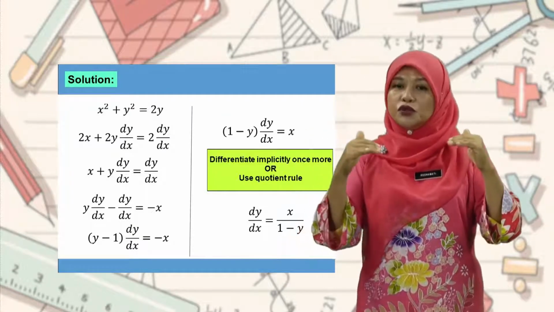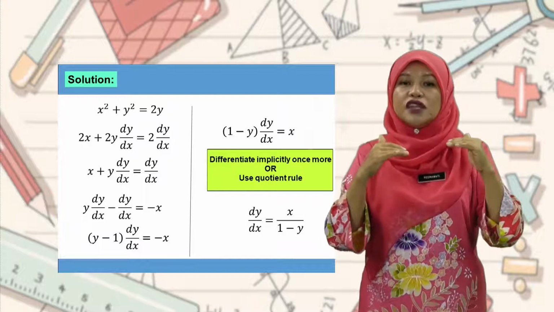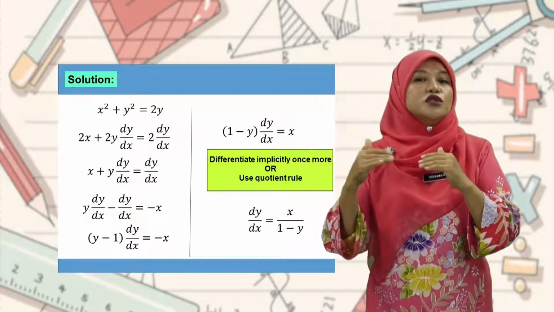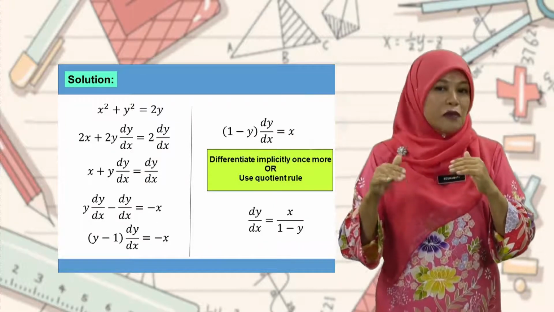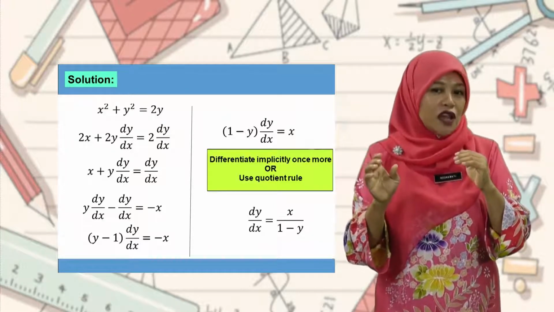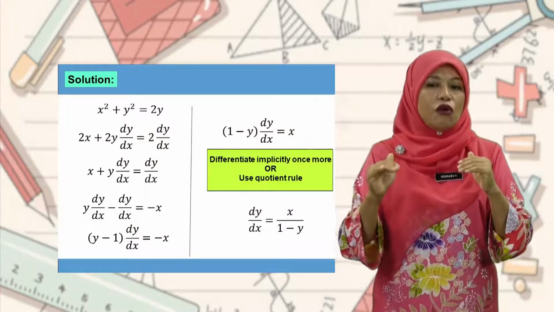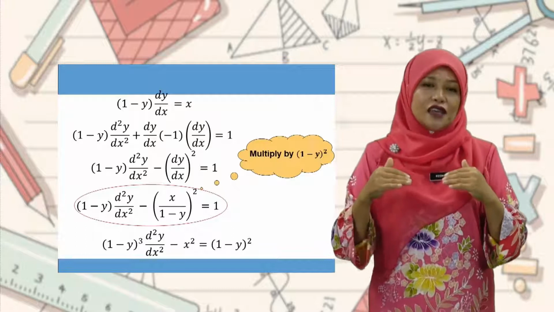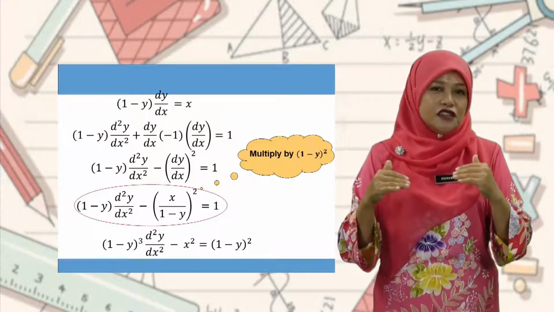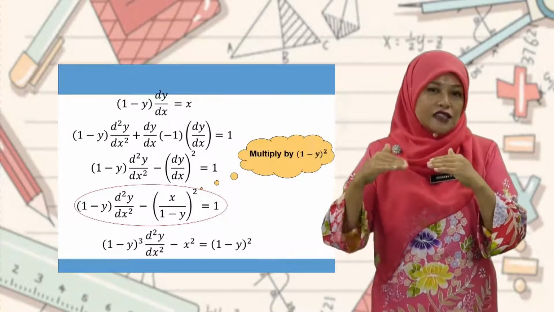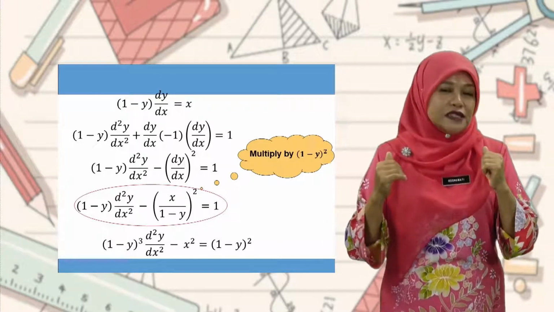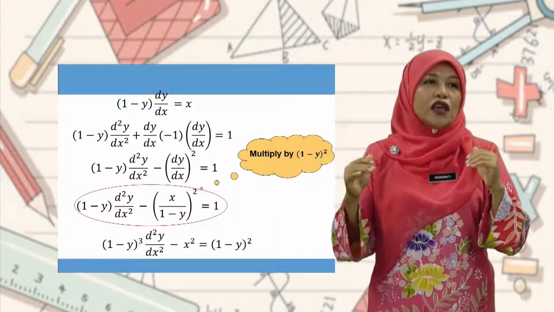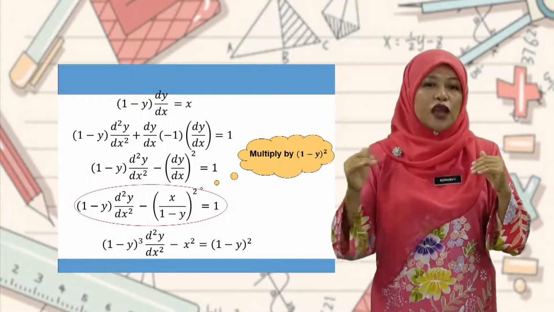Okay, we are able to do it either by differentiating implicitly once more, or we are able to use the quotient rule by rephrasing dy/dx equal to x over 1 minus y. Okay, since we are learning implicit differentiation, I conduct the next step by using implicit differentiation. So I'm using the line (1 minus y) dy/dx equal to x.